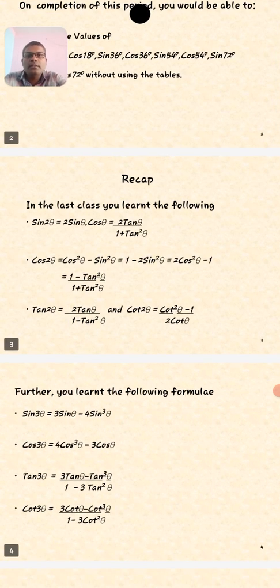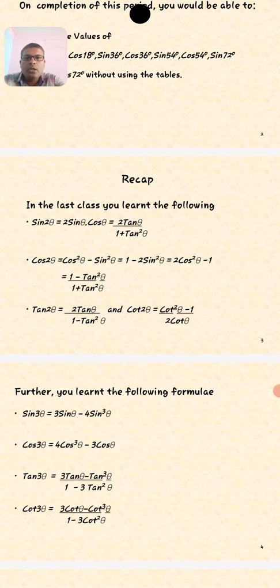Now we see a recap. In the last class you learned the following: sin 2 theta is equal to 2 sin theta cos theta, that is also equal to 2 tan theta divided by 1 plus tan square theta. Okay, this is the formula of sin 2 theta.